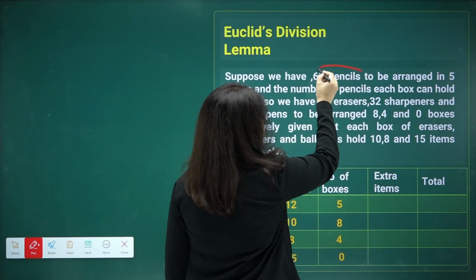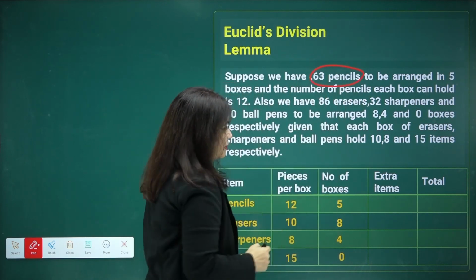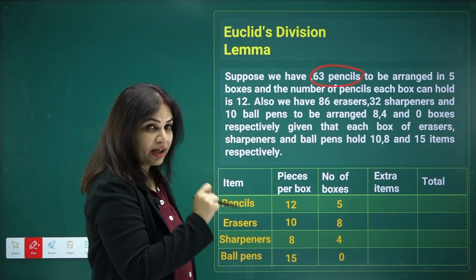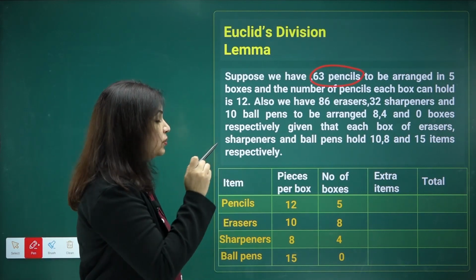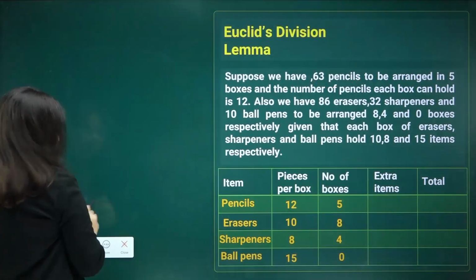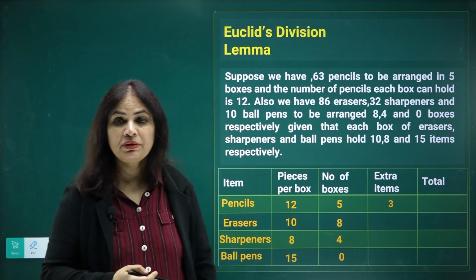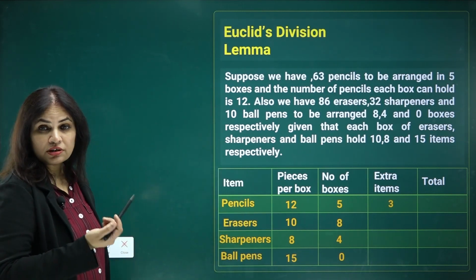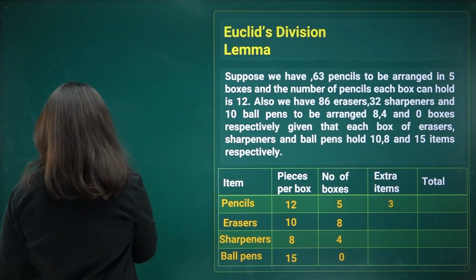We have 63 pencils. Since we have 63 pencils and 5 boxes, each box holding 12 pencils, obviously 3 pencils would be left extra. There will be no place for the remaining 3 pencils to be put in the box.